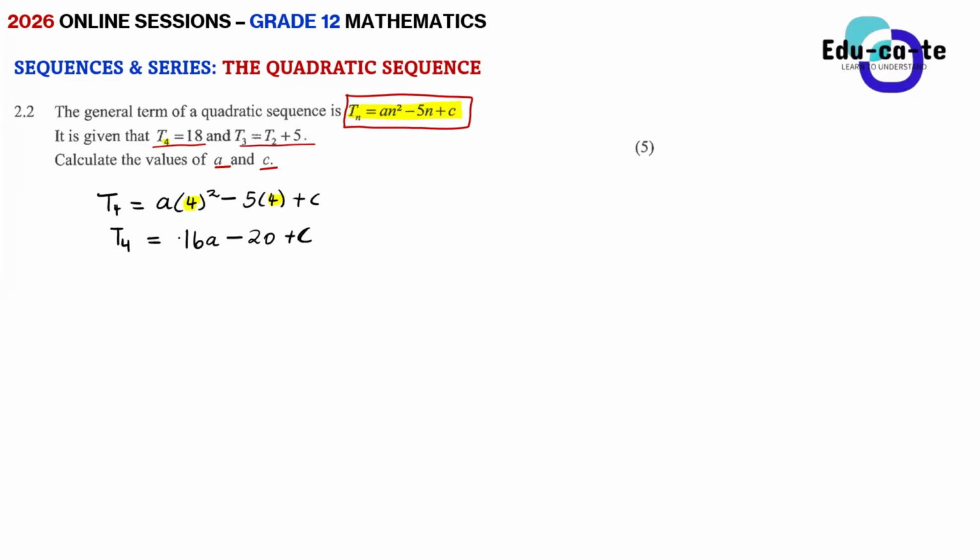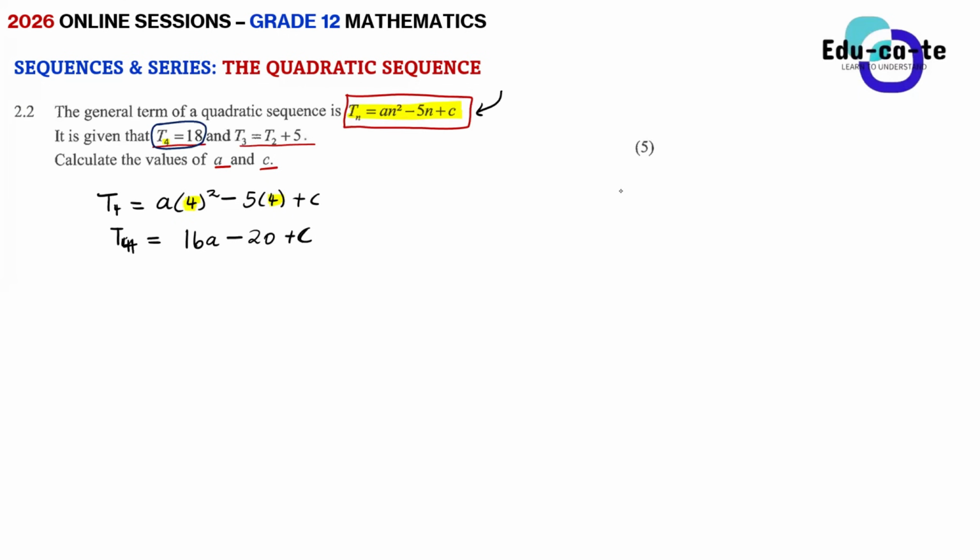So guys, do you see where this term 4 is coming from? Do you see how Sam was able to find term 4? We substituted into this general term. But it is also given that term 4 is equal to 18. So you already know that the value of term number 4 is 18.